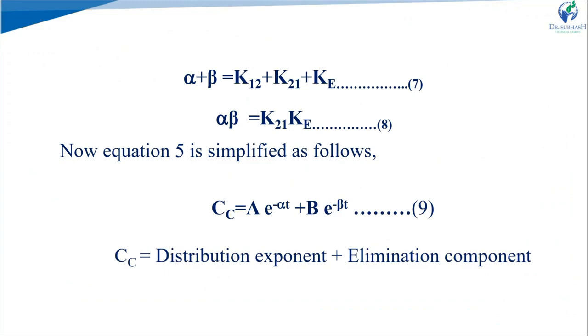Now we can simplify the equation so that Cc is equal to A e raised to minus alpha t plus B e raised to minus beta t. So the central compartment concentration is the distribution exponent plus the elimination exponent.